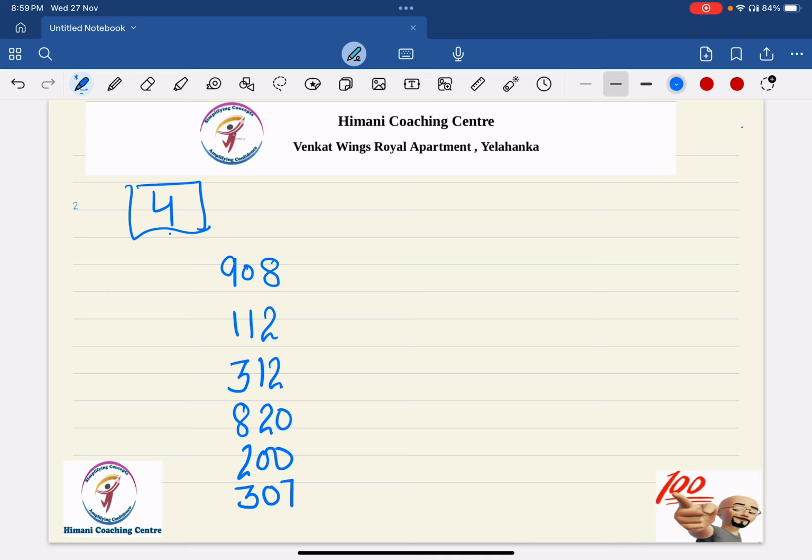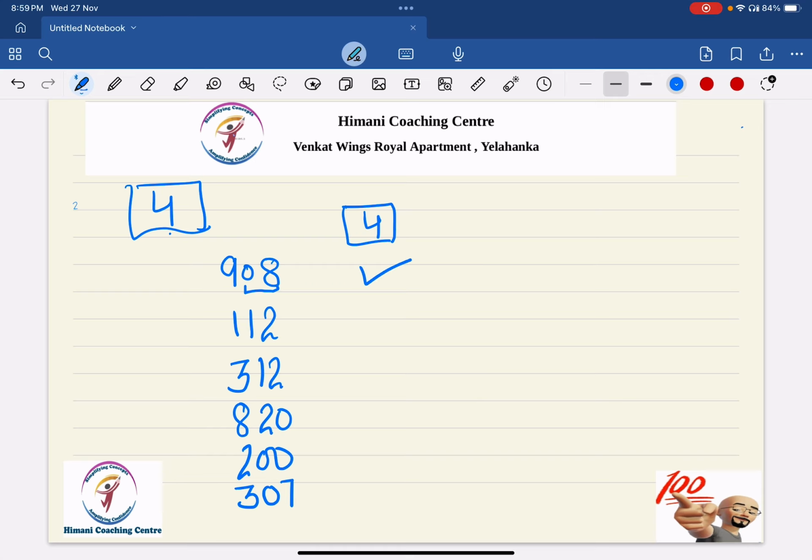Now let us check. We are checking what? Divisibility by 4. So what are the last two digits here? 8. Does 8 come in the table of 4? Yes. So that means 908 is divisible by 4.